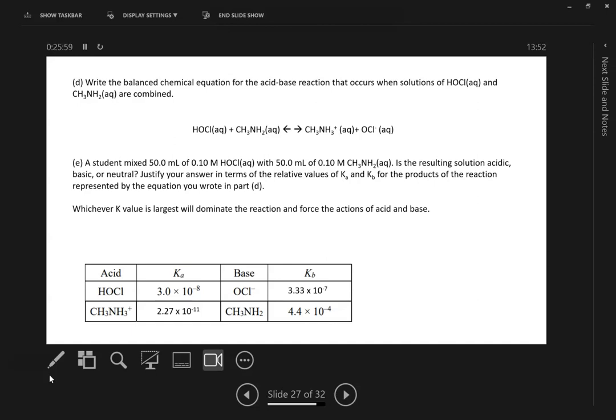If you recall by looking at our chart, when I compare the Kb for OCl minus and the Ka for CH3NH3 plus, OCl minus has a significantly larger K by a factor of 10,000.